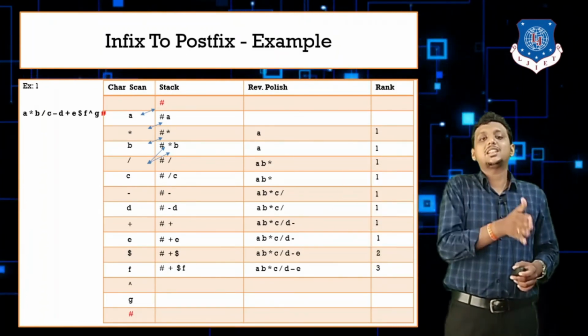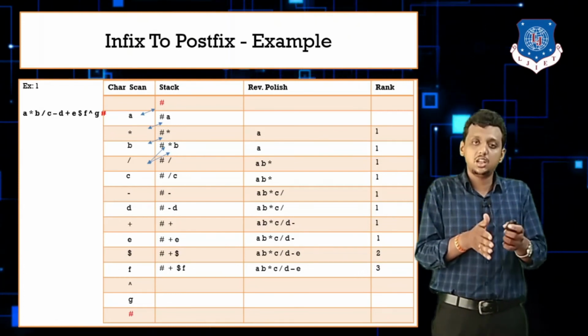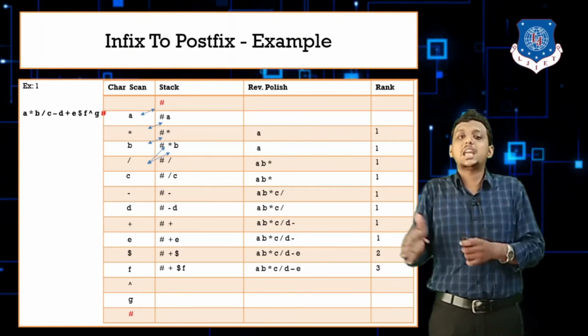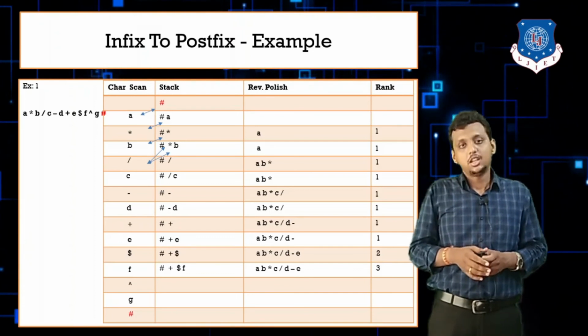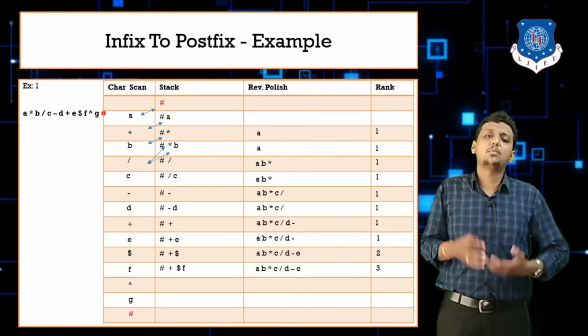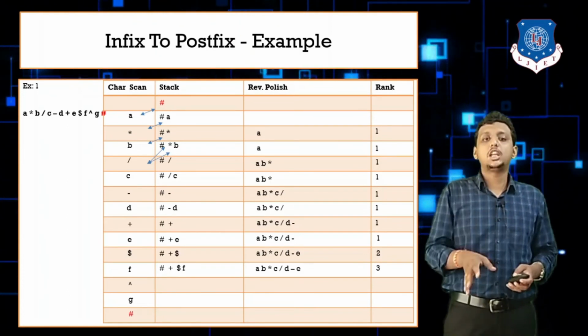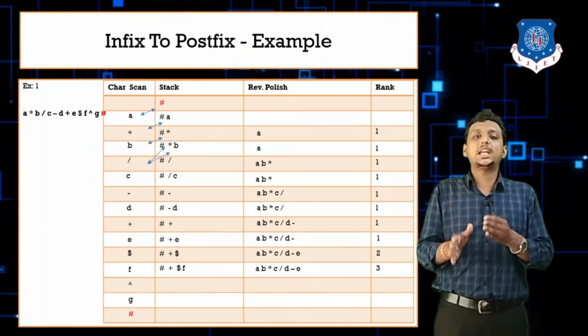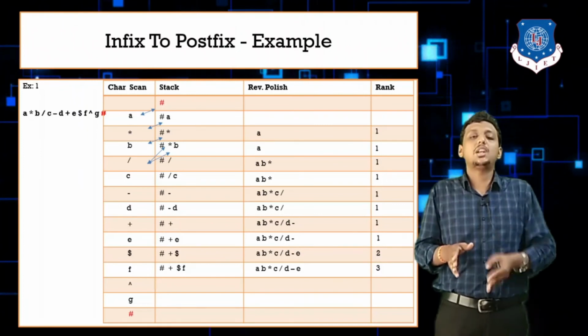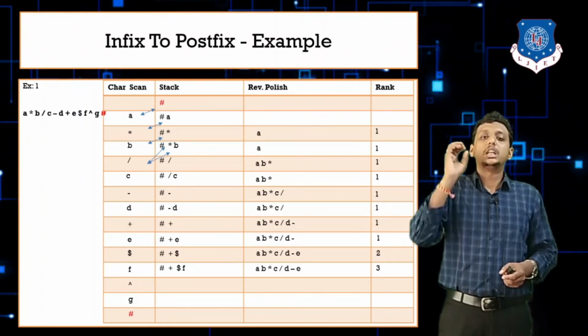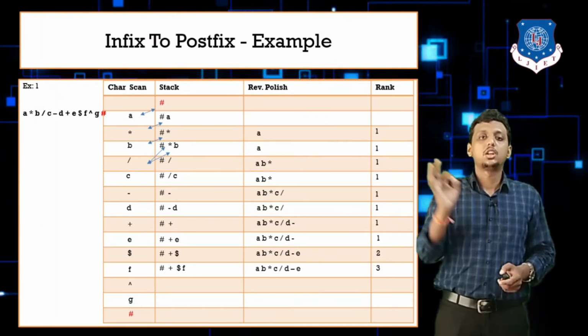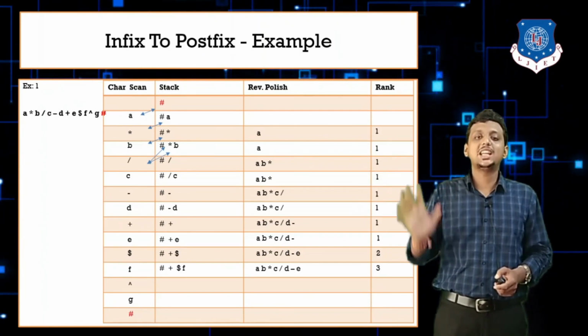So outside the stack the exponential precedence is higher, but when it goes inside the stack it becomes lesser. Okay, we will get more idea about this with parenthesized expressions. But right now just think that whenever a dollar or caret comes together in the stack as well as in the character scan, you just need to push the exponential operator inside the stack.